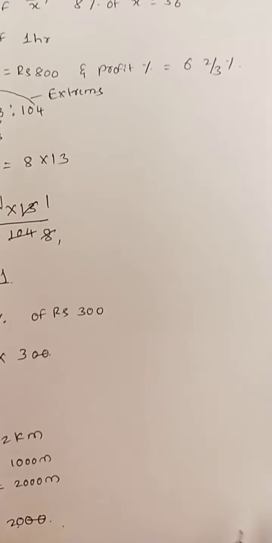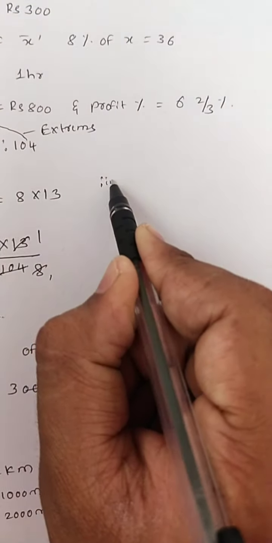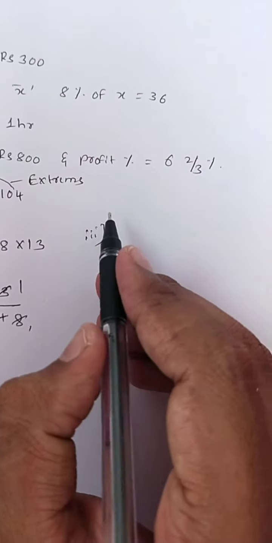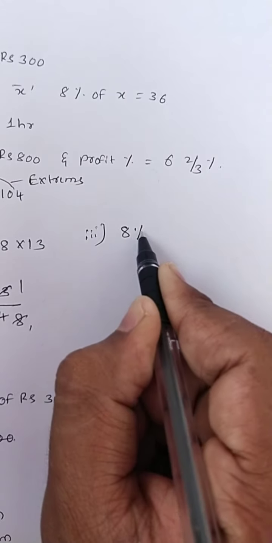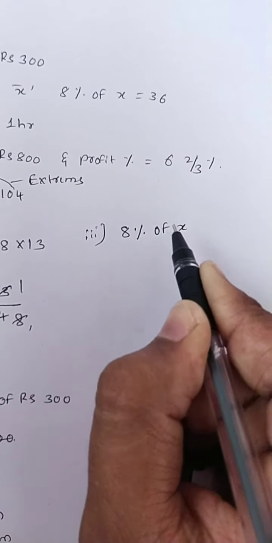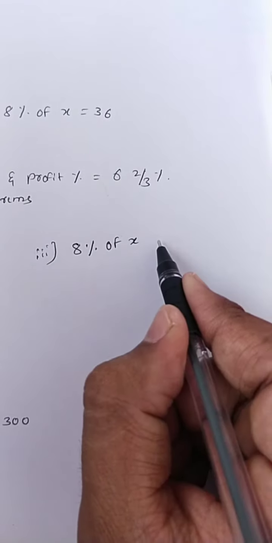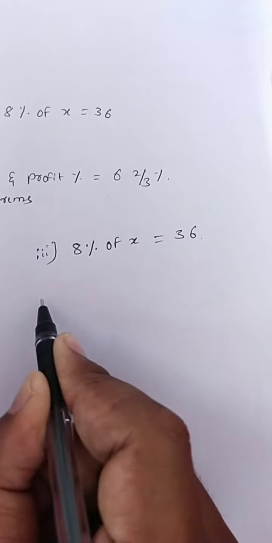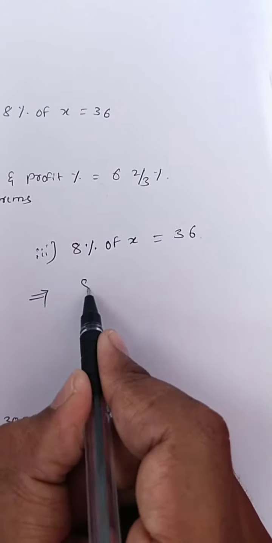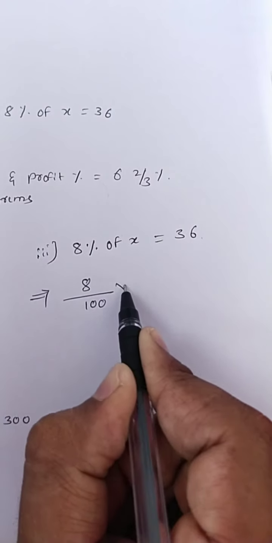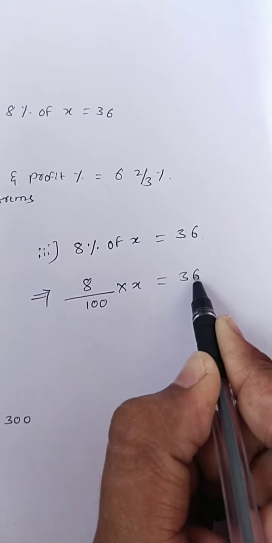Okay, one more question I will solve. The third one is find the value of x if 8% of x is equal to 36. 8% of x equal to 36 means 8 divided by 100 into x is equal to 36.